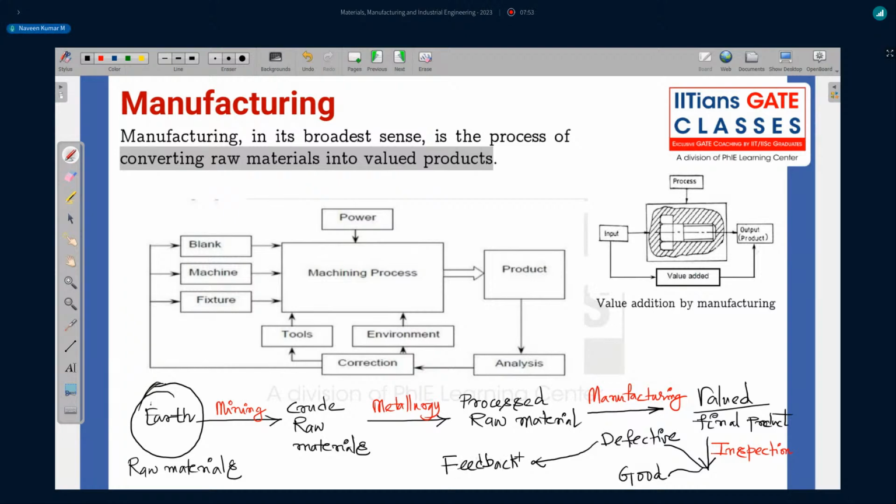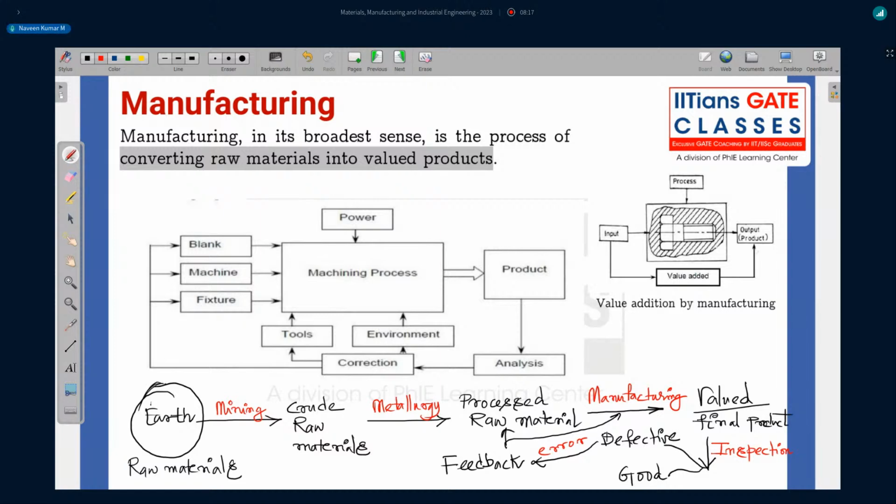From defective products, you can get the feedback, and you can pass it to the manufacturing, to the raw materials, and to design also. So this is your error. Right? So this is some kind of a closed loop system. It will keep on improving as and when required.